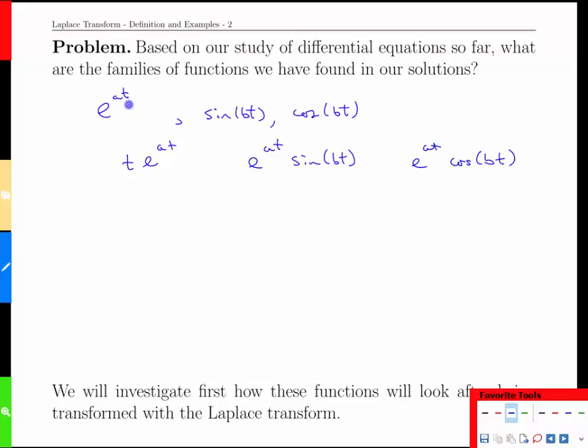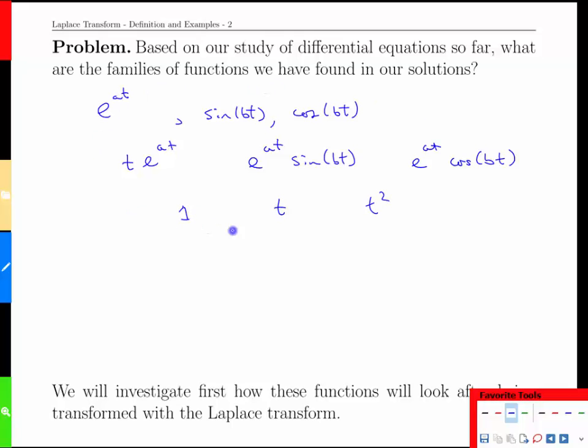Think unique solutions to the characteristic equation, complex solutions, repeated roots, and we actually had on occasion simply constant functions and t squareds, so polynomials as well.